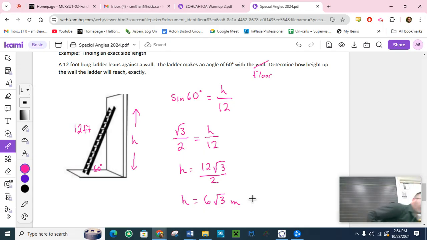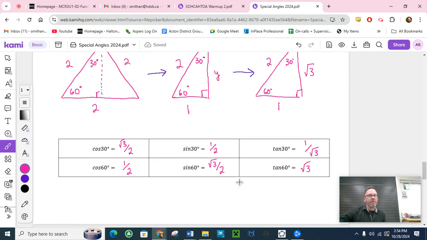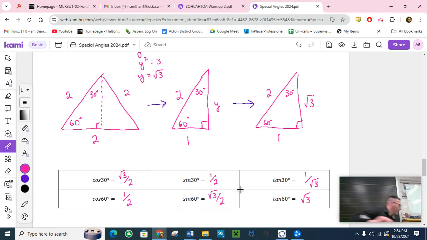You will need to, if you don't have it memorized. Now let's be clear, and I'm the same way. I've been teaching for over 15 years now, and sometimes I forget if the sine of 60 is root 3 over 2 or 1 over 2. But here's what you would do on a test if you blanked. You would draw a right angle triangle, 2, 2, 2. You would draw a line down the middle.